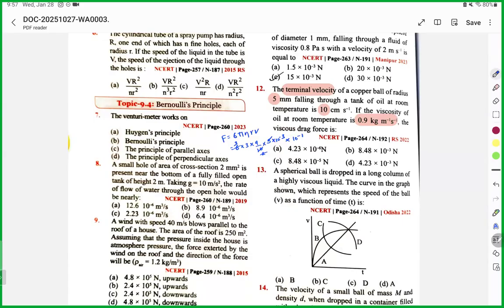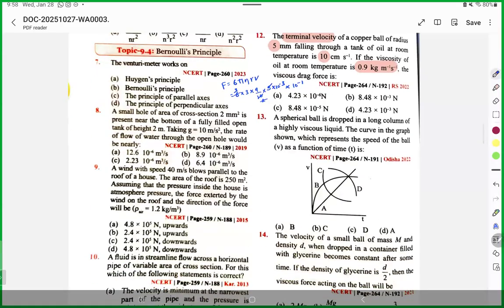You can draw the same graph in the terminal velocity topic also, because initially your speed will be there and it will become constant ultimately. It will become constant because terminal velocity is constant. So A is the answer and capital B is the graph.